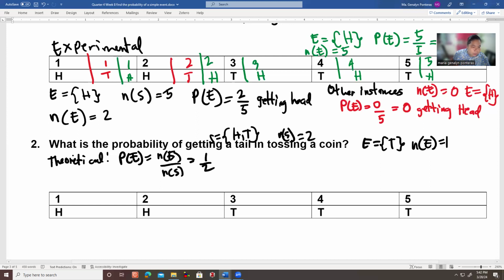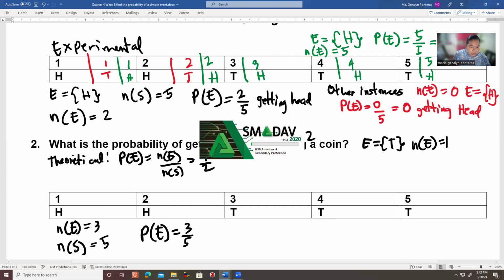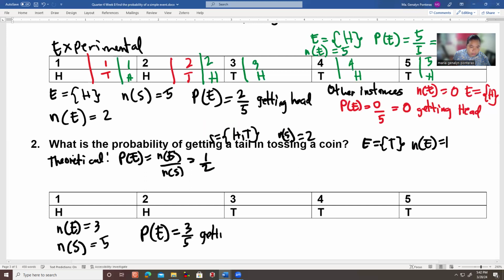But here in our experiment, your event tail is 3 and our sample space is 5. So P of E is 3 over 5 for getting tail.